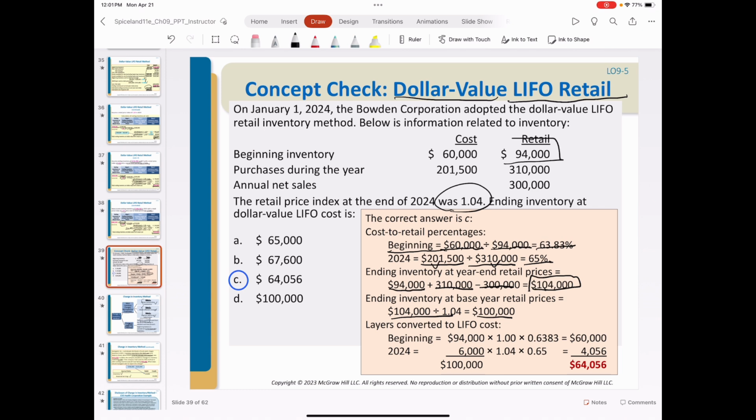Since base year, the value at retail was 94, there will still be $6,000 left. We multiply the price index of each layer or year and the corresponding cost to retail ratio. We have the cost of inventory. The sum of them is cost of ending inventory, 64 and 56.